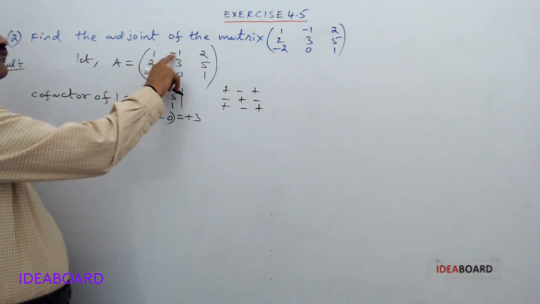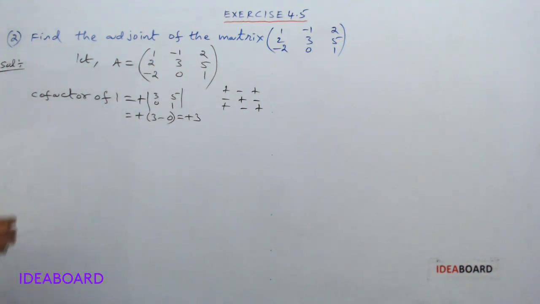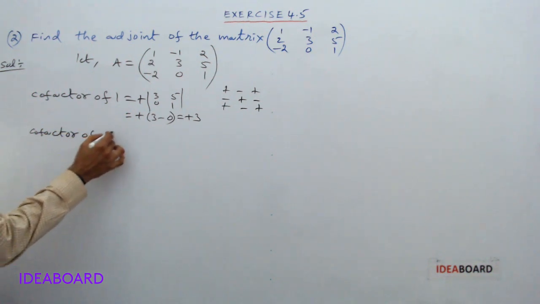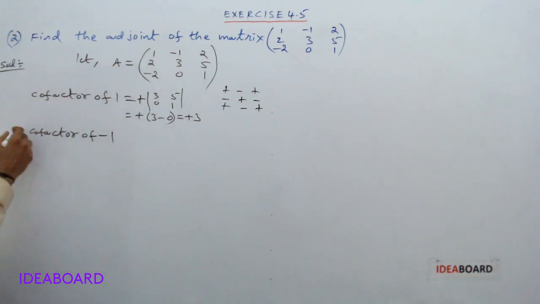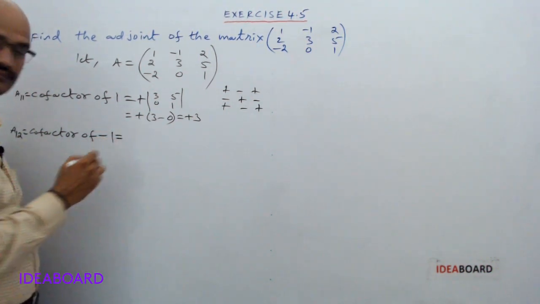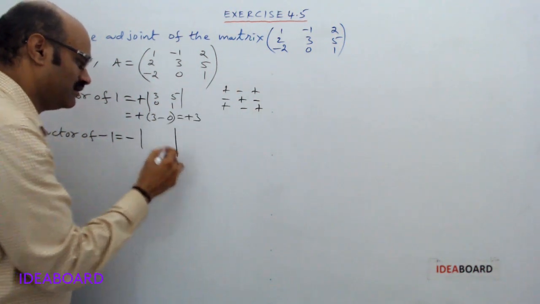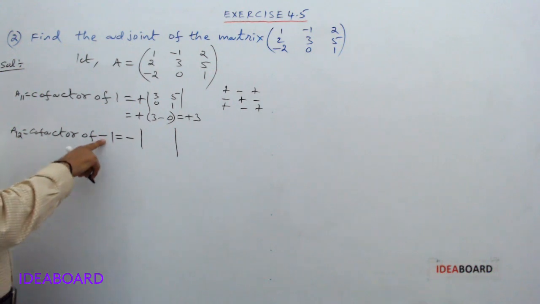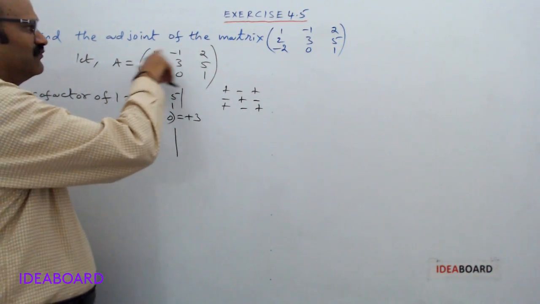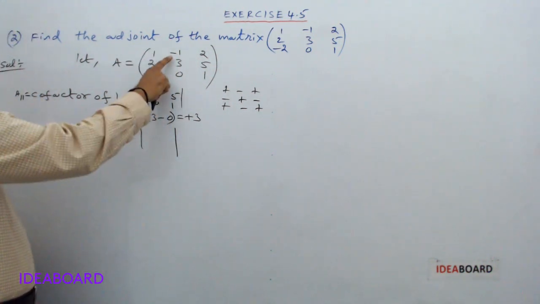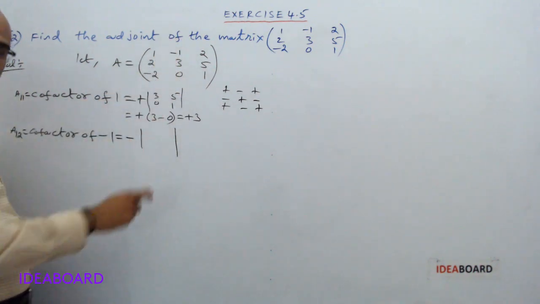Next one, cofactor of minus 1, denoted by A12, equal to the sign minus, minus of determinant of. We need to identify in which row and which column the element minus 1 lies. Minus 1 lies in first row and second column.